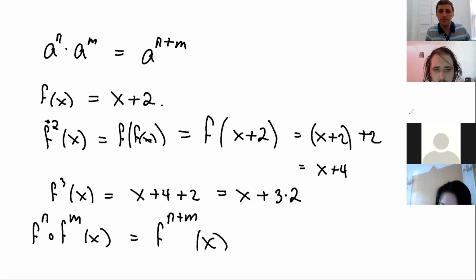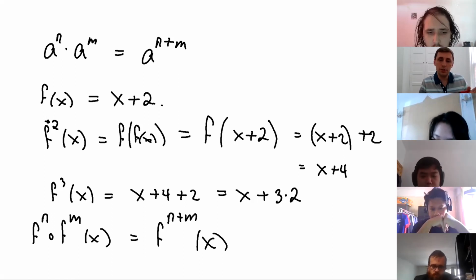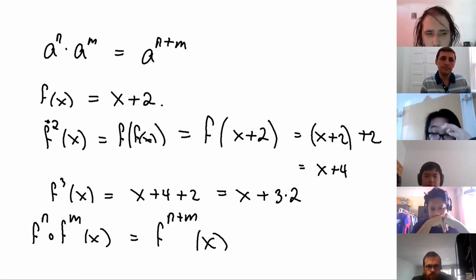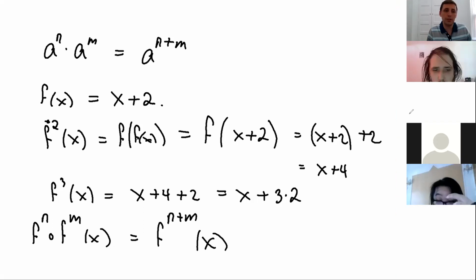Do you agree? Can you see that, guys? Yes? Because what is this? This just means that the function is composed with itself altogether n plus m times. So it works just like multiplication. Agreed?